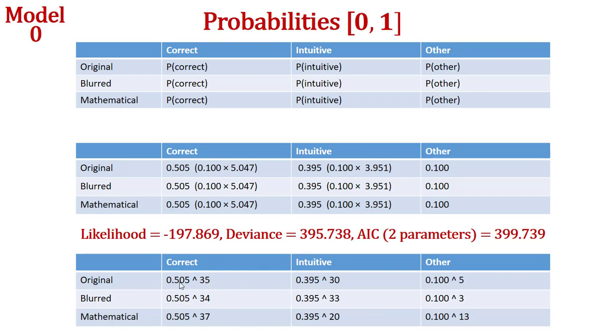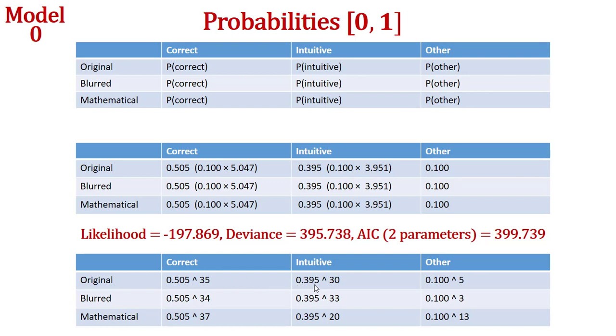And using the product rule of probability theory that we've seen in previous videos, we multiply 0.505 35 times, or we elevate it to the power of 35. For the 30 participants, the likelihood of observing the intuitive answer was a bit lower.